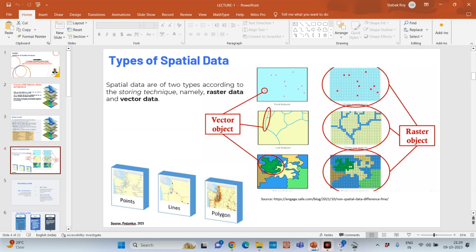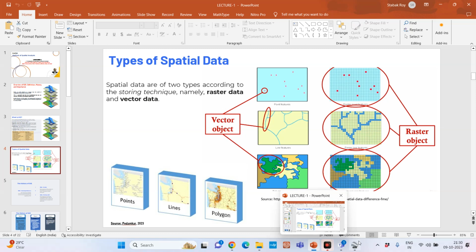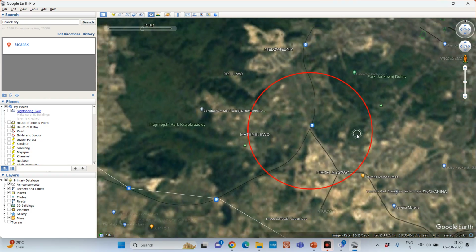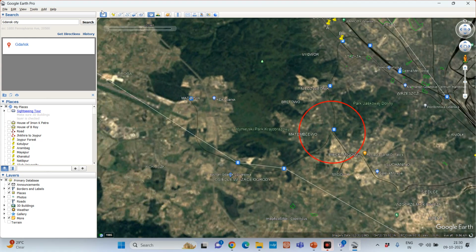Suppose here you only need to draw using Google Earth. You can draw the map by using this tool. You can make some points, polygons, or lines.